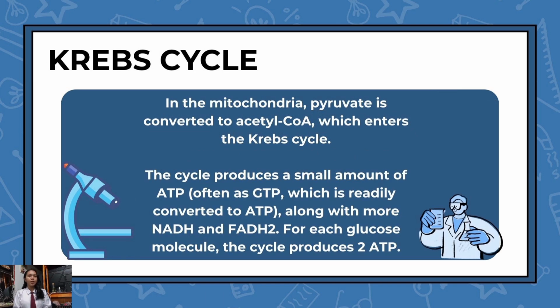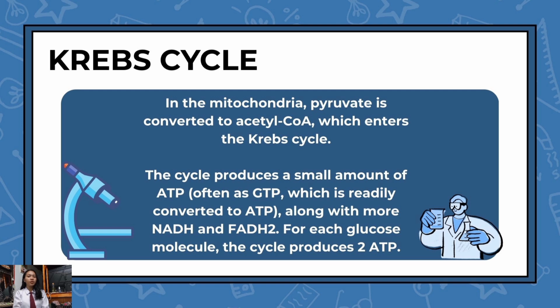The Krebs cycle, also called the citric acid cycle, is a series of chemical reactions that happens in the mitochondria. Its main purpose is to break down acetyl-CoA from the food molecules to release energy. During the cycle, the reduced energy carriers NADH and FADH2 are produced, which are used later to make more ATP in the electron transport chain, along with releasing carbon dioxide as a waste product.